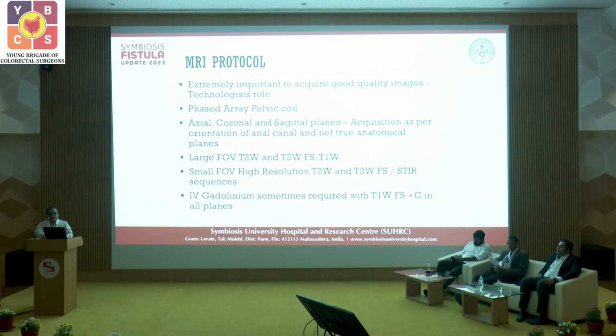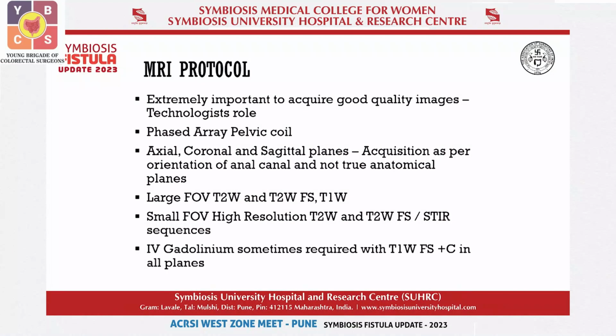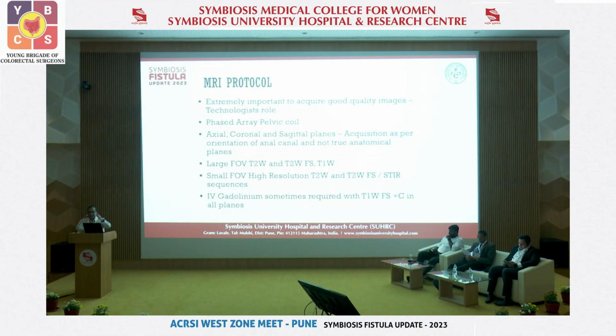What is the MR protocol we use? It is very important to acquire good quality images, so the technologist's role is very important. We have to take the images parallel to the anal canal for the coronal plane and exactly perpendicular to the plane of the anal canal for the axial images. So these are not true coronal or axial images, but oblique coronal and oblique axial images.